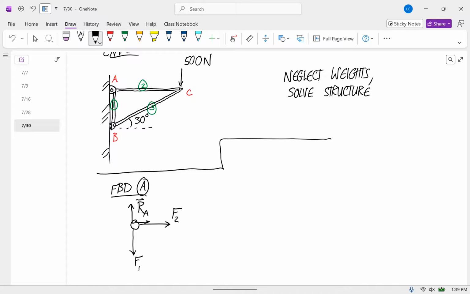Since we're treating this pin like a particle, we only have Newton's second law. So I'll write that as RAX, RAY plus 0, negative F1 plus F2, 0.